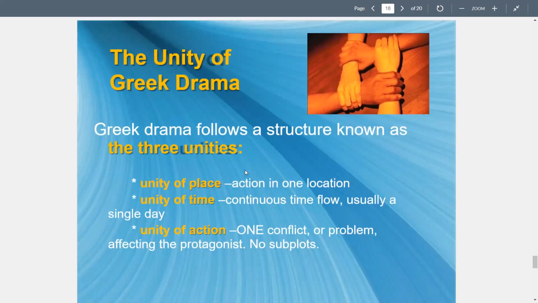There's also a thing called unity in Greek drama, and specifically three unities. So the three individual ones are unity of place, time, and action, and Greek drama has unity in all three. When you have unity of place, it means the action is in one location. You'll notice with Trifles, the action takes place in one location, one time, one conflict.